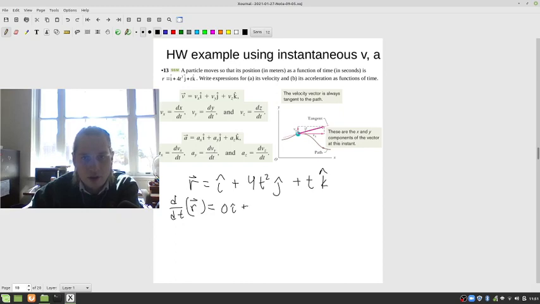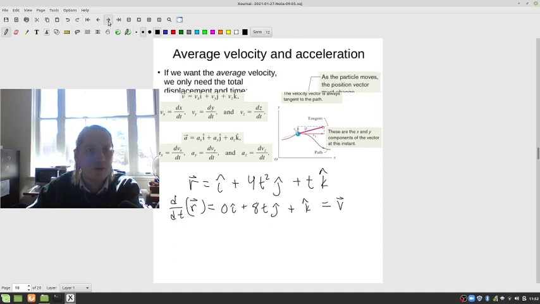And then this would be plus 8t times j plus k. That would give you your velocity as a function of time. And then if you wanted to find your acceleration, you just do that again. Take the derivative of this expression. So I gave you a couple of practice problems like that.